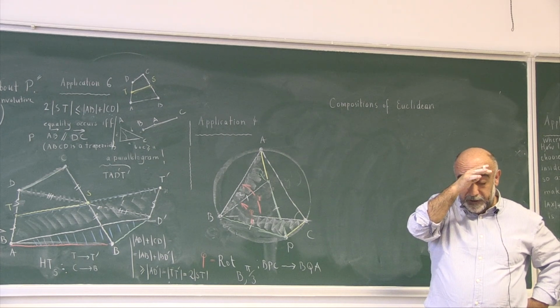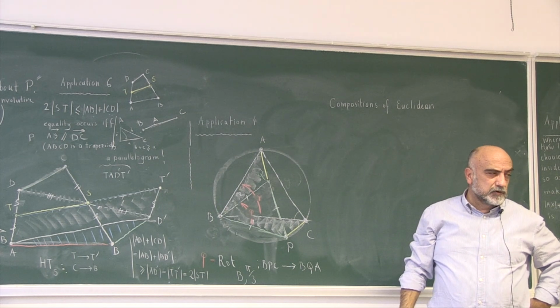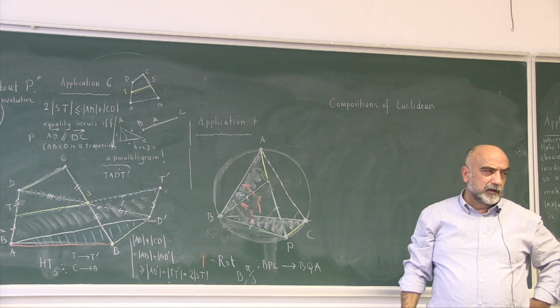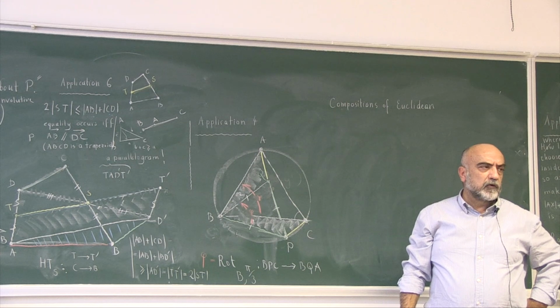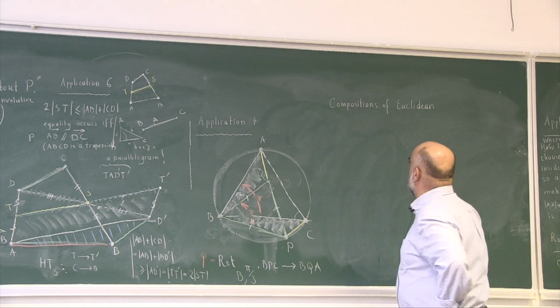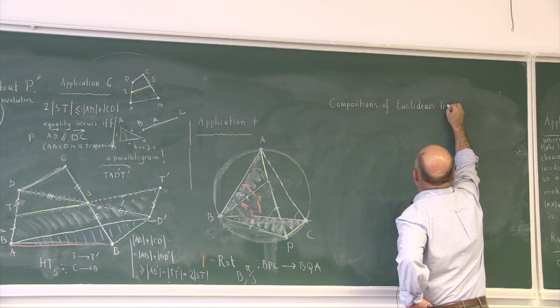I shall merely point out certain special cases, and I shall use them in solving problems. And I hope you will agree with me in the end that using some basic facts about the compositions of Euclidean transformations, you can give really spectacular solutions to some problems. So that's what I'm going to do next.